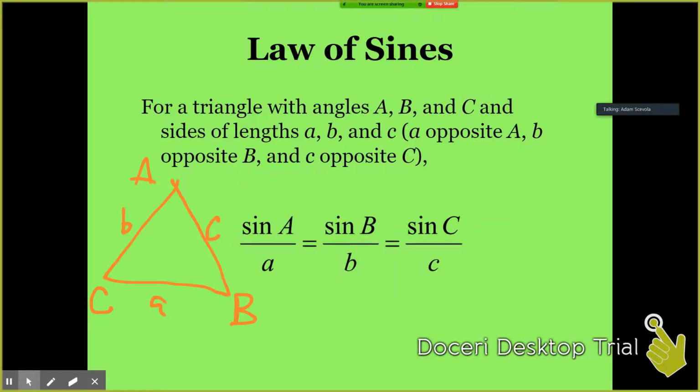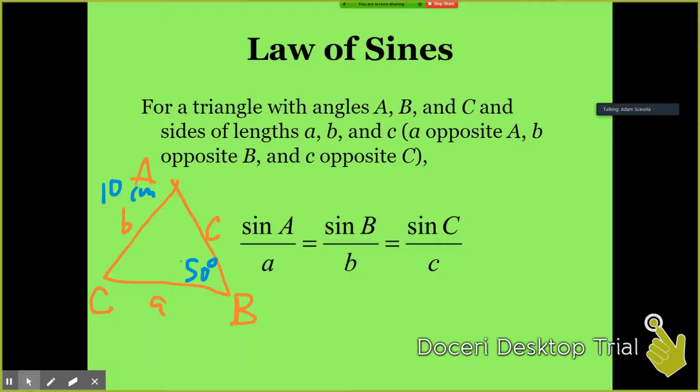So in other words, if you're given an angle and the side across from it in a triangle, like if you knew that angle B was 50 degrees and the side across from it was 10 centimeters, then as long as you're given any other angle or side, you could do the law of sines to find that missing angle or side.